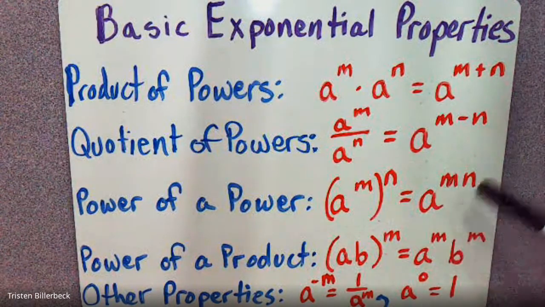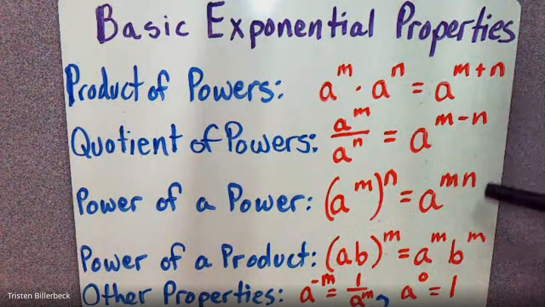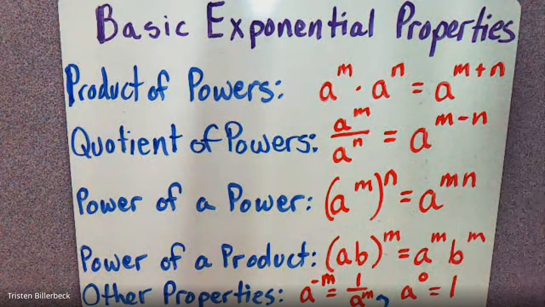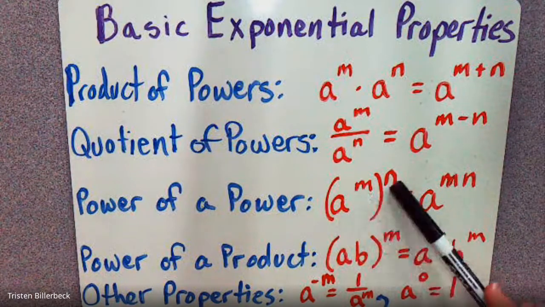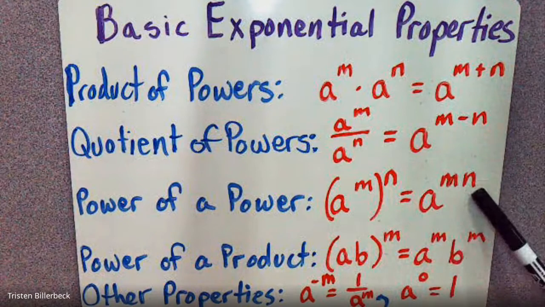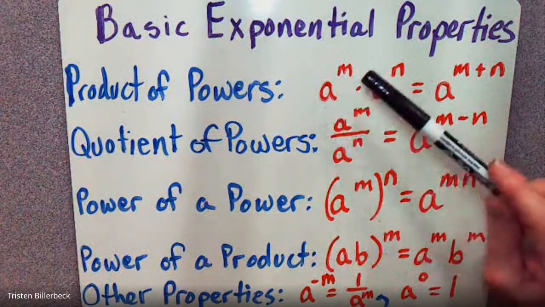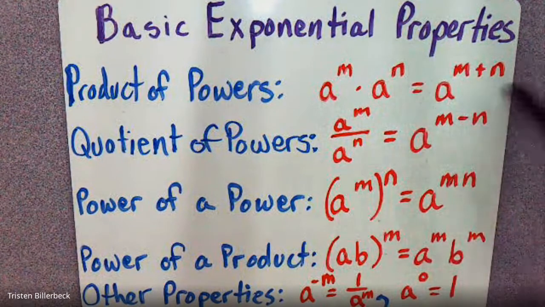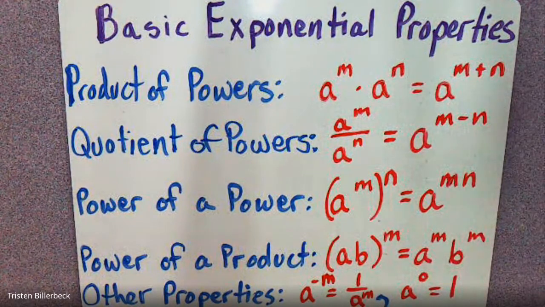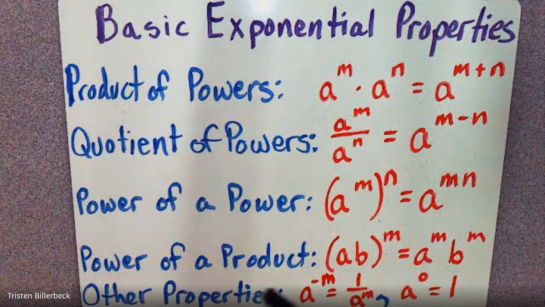Now this one and this one get mixed up quite a bit. So what I have determined is a good way to look at it is this has one base and 2 exponents, so we multiply. This one has one base with an exponent and another base with an exponent, so we add. Our next rule is the power of a product.